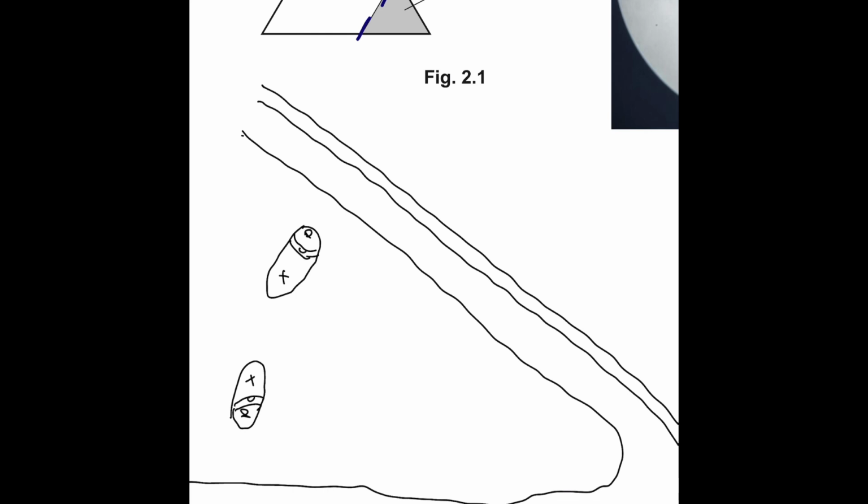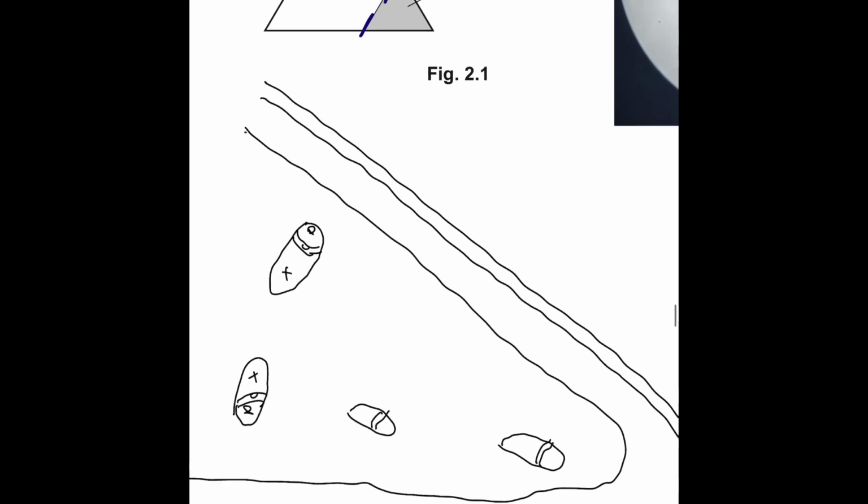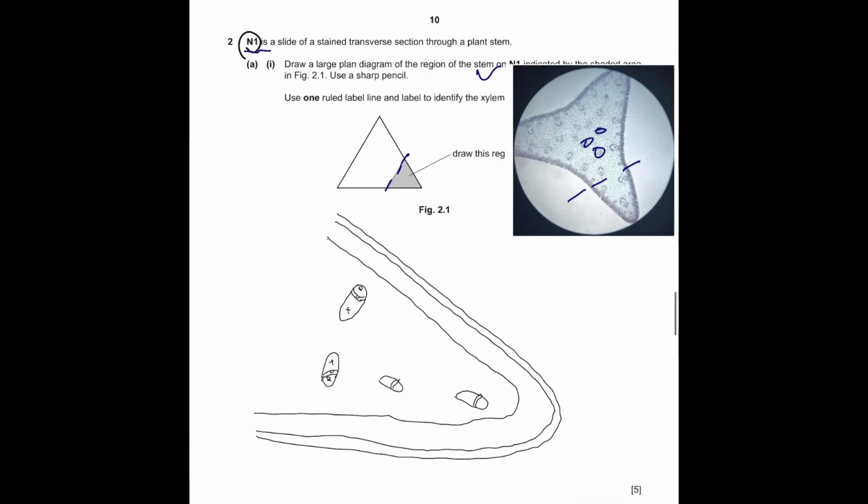Okay, and then another one. The xylem should take most of the space. It should be the bigger part of the drawing. Okay, and then another one. This is not the best, but you guys can do better.